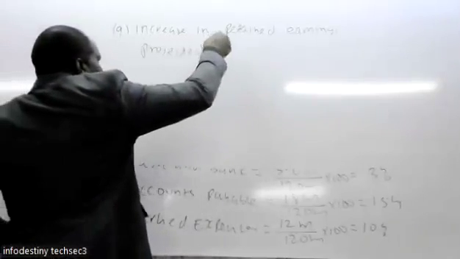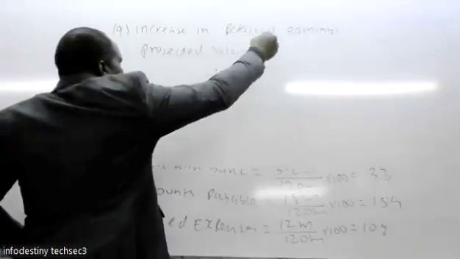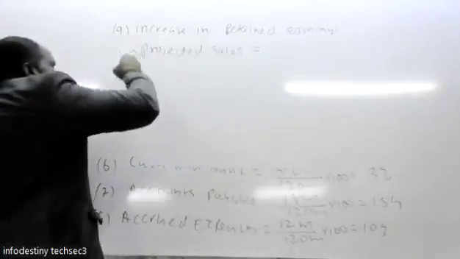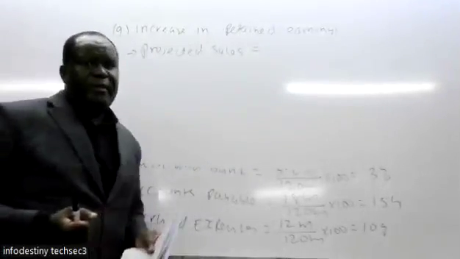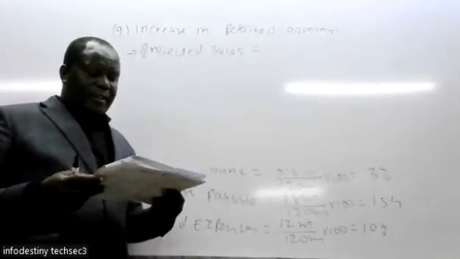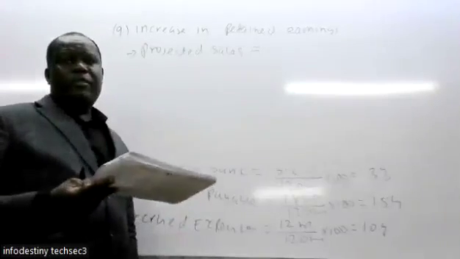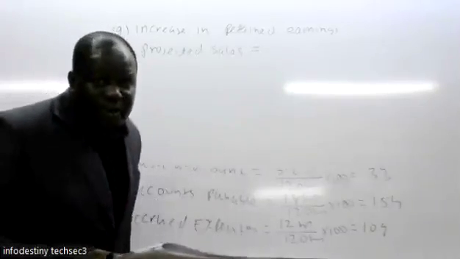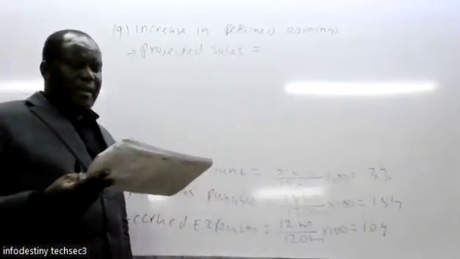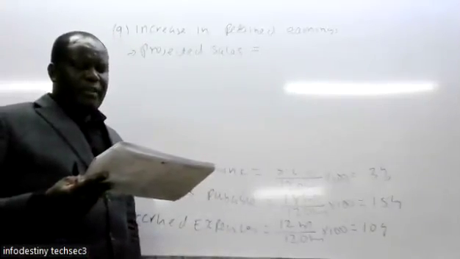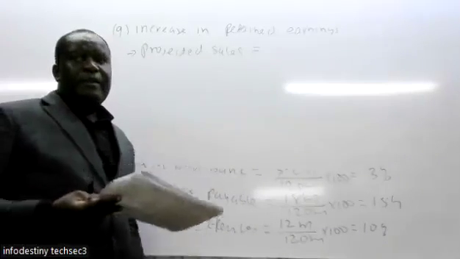So we start by first of all calculating the projected sales. Go to note number 2, where they are saying that the company forecasts that sales will increase by what percent? 10%.